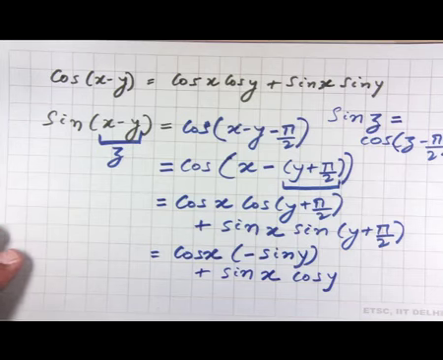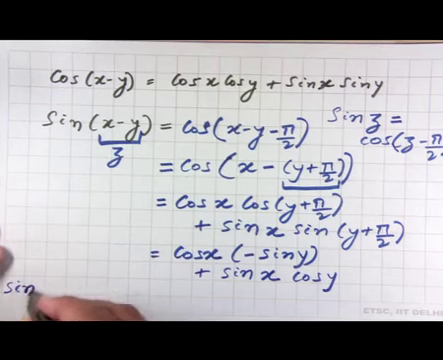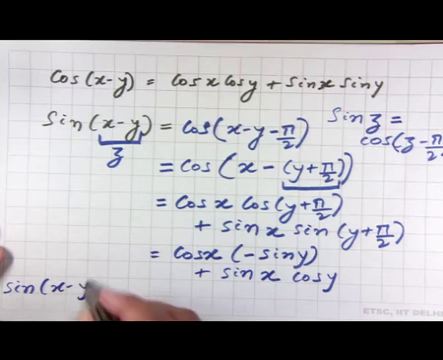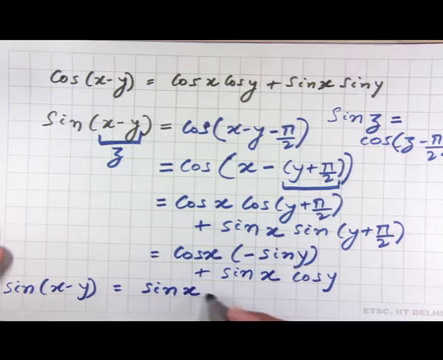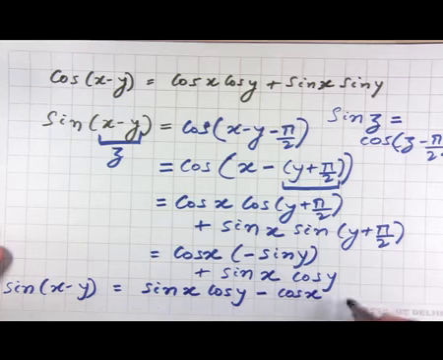And that is the final expression, which is that sine of x minus y is equal to sin x cos y minus cos x sin y.